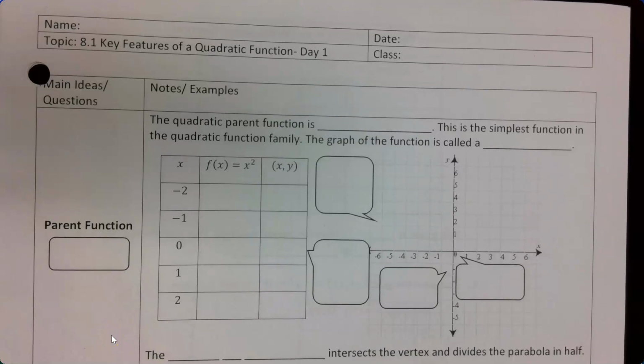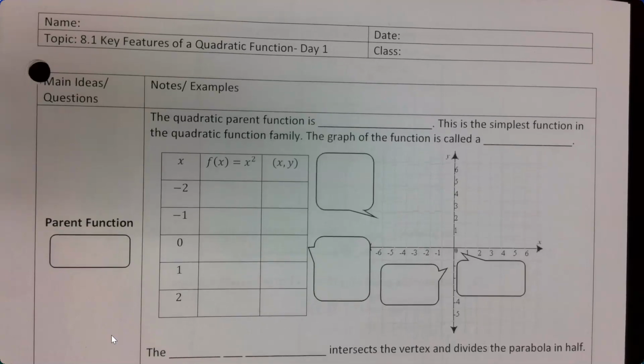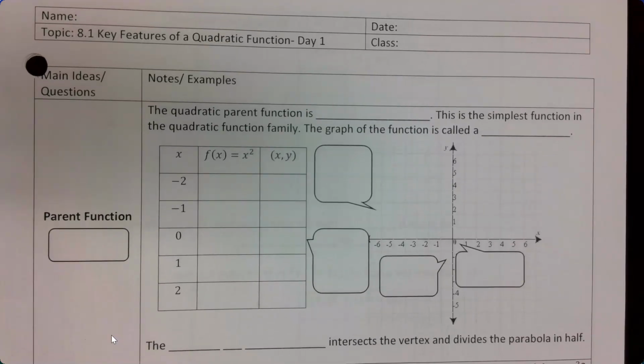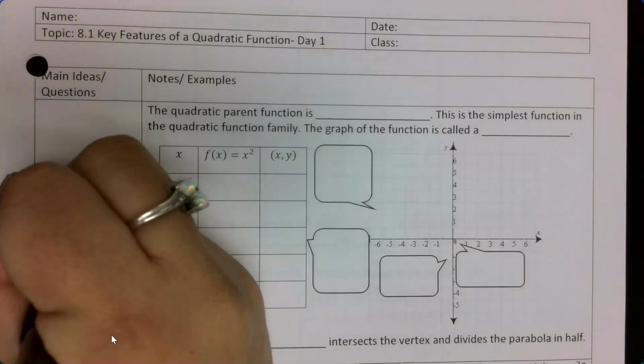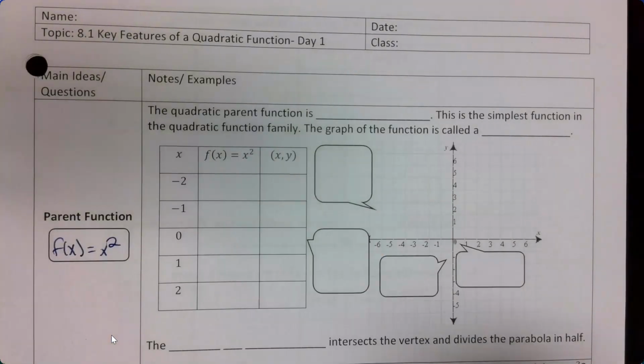Start on notes. Moving on to chapter 8, which is graphing quadratic functions. We're going to start off by talking about our parent function for quadratics. This is f of x equals x squared.